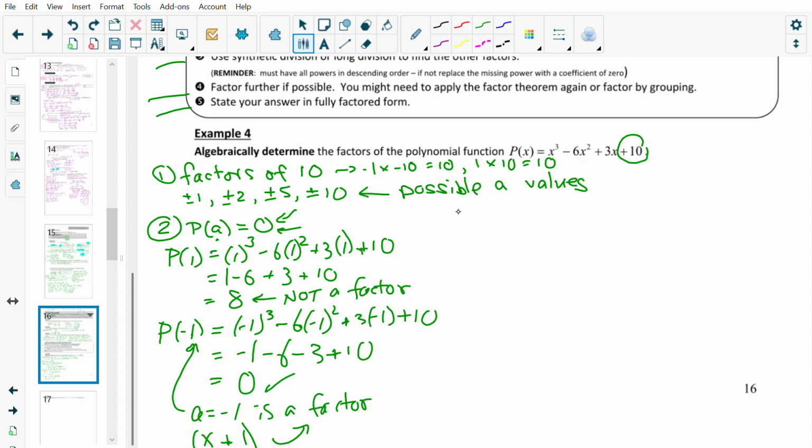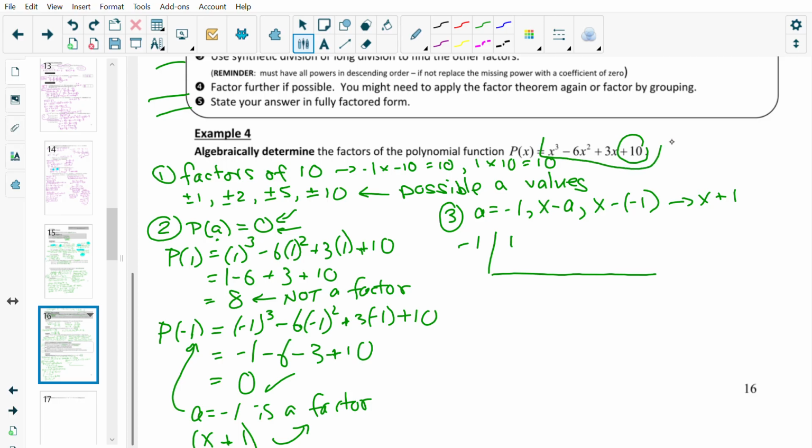Okay, so let's take that step 3, the synthetic division part. Now that we have an identified factor as x plus 1, remember a equals negative 1, x minus a is the form, so x minus negative 1, x plus 1. So when we synthetically divide, the divisor is negative 1. Let's make a long row here. So we're dividing this polynomial, that's the dividend.